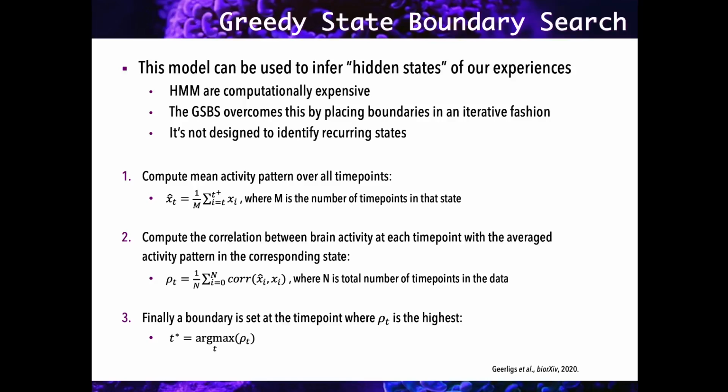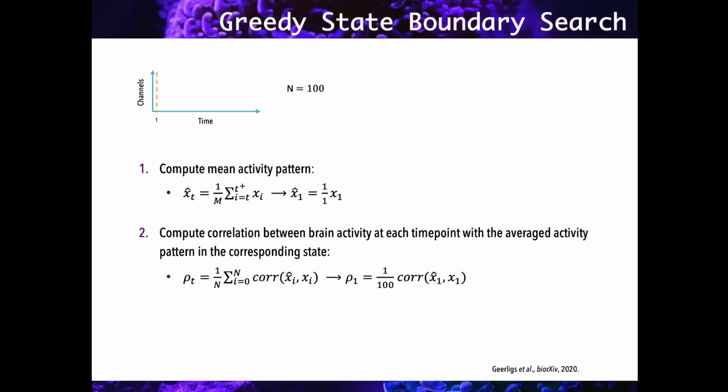But let's look a little bit more in detail at these steps. So if we start our calculations in the first step, let's set the total number of time points in our data to 100, just as an example. Then the first two steps are pretty easy to calculate because we only have one time point.